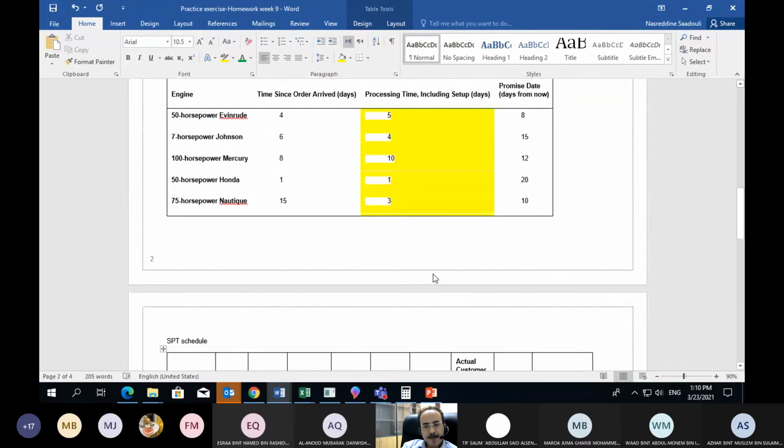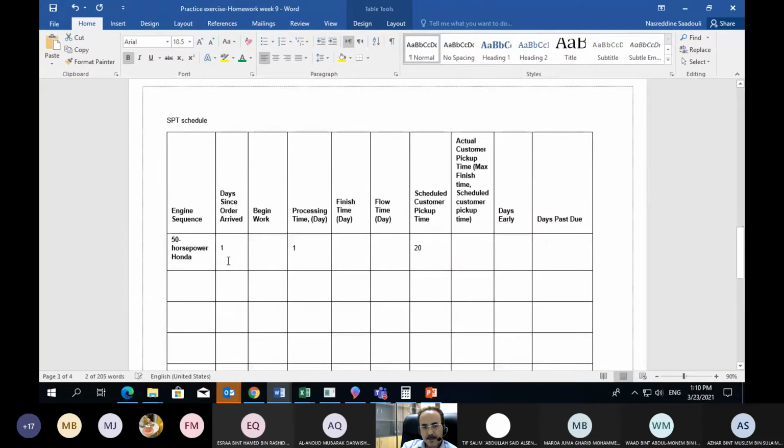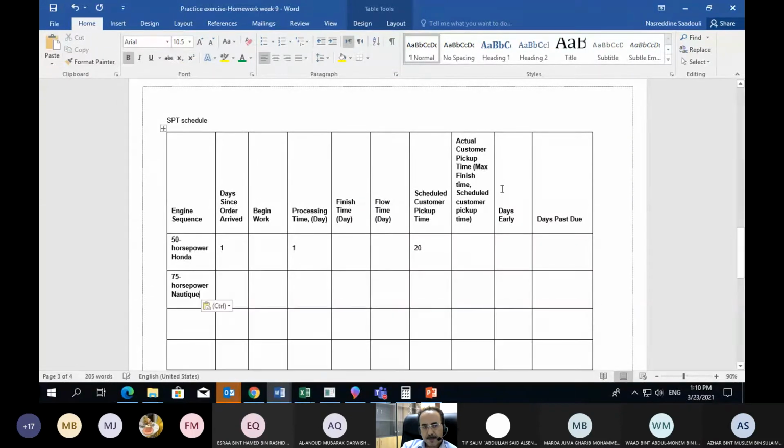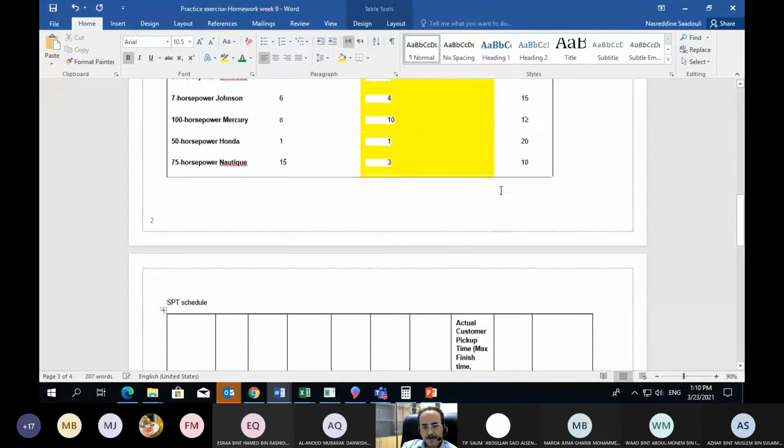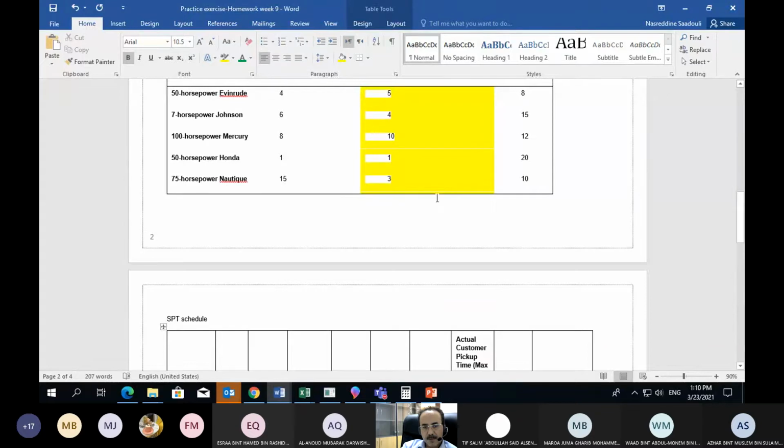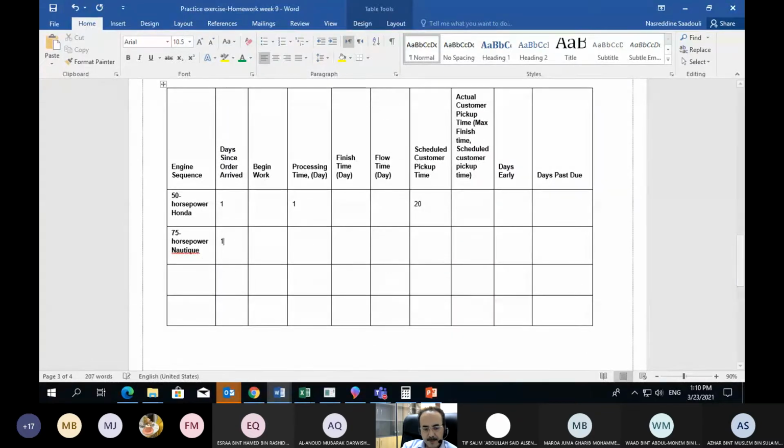The second one is job 5. Job 5, correct. It's the second one. So the shortest one, then 3, which is the 75 horsepower. Okay, the values 15, 3, and 10. So 15, 3.